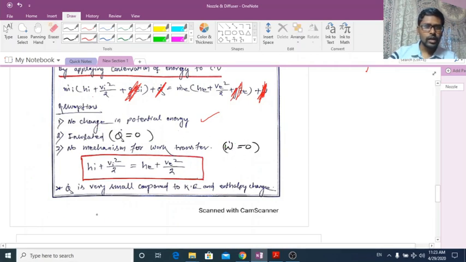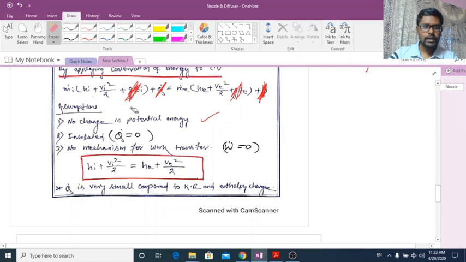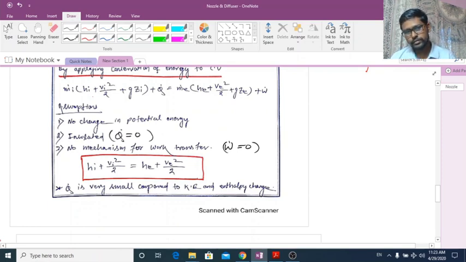Okay, and here one thing I want to highlight is that the rate of heat transfer is very small compared to kinetic energy and enthalpy, so we are neglecting this heat transfer. So what is the meaning of insulation here? That means the heat transfer associated with a diffuser is very small compared to the change in kinetic energy and enthalpy. We have three terms here. One is your enthalpy.